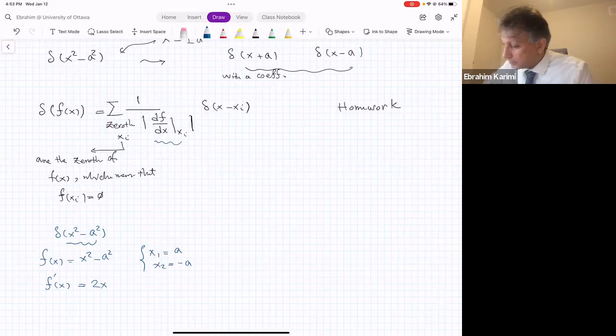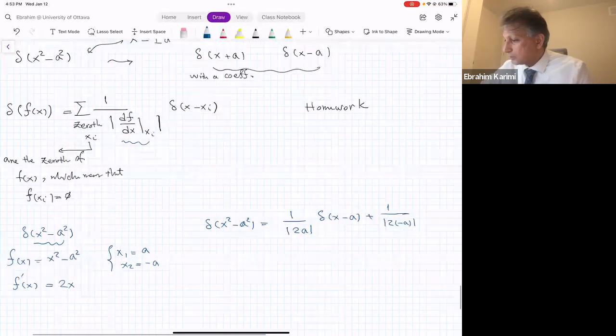Then delta of x squared minus a squared will be a summation, which in this case will be 2 terms only, 1 divided by the absolute value of the derivative of the function at one of the zeros, which will be 2a, delta of x minus a, plus 1 divided by the absolute value of 2 times minus a, delta of x plus a.